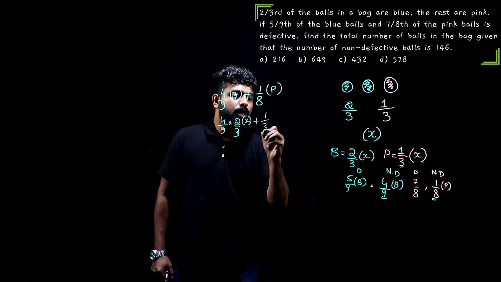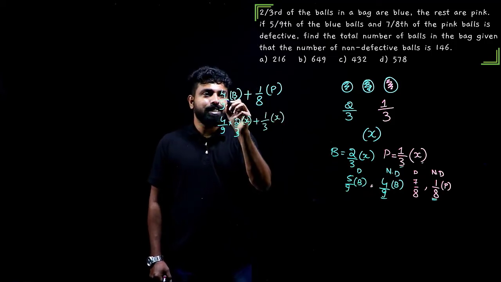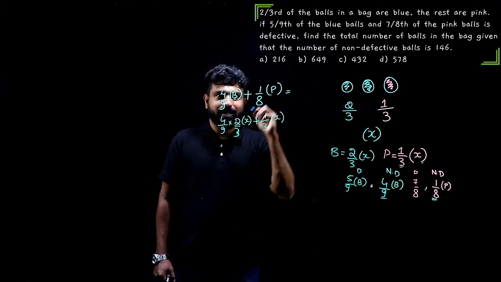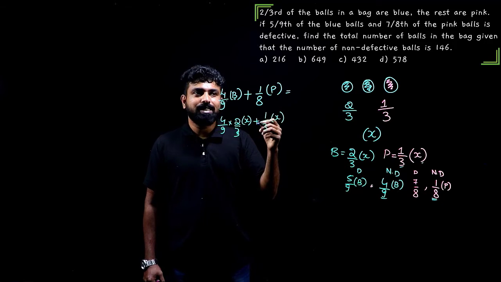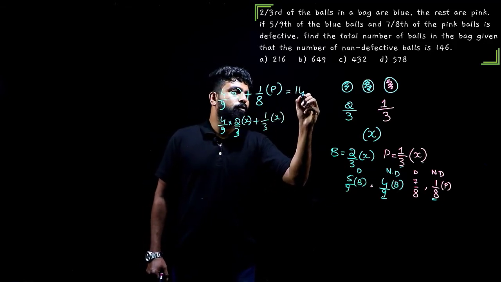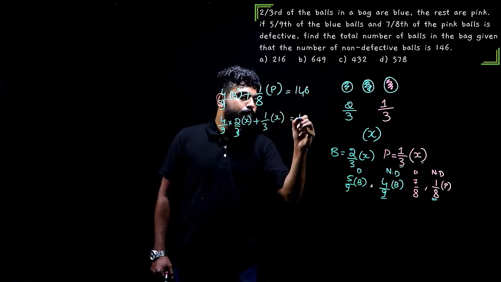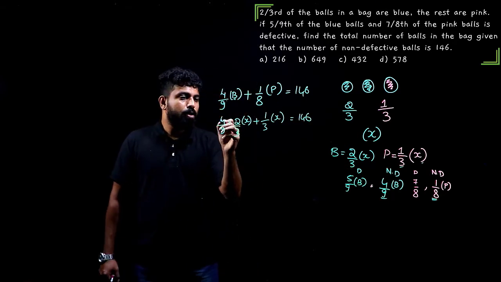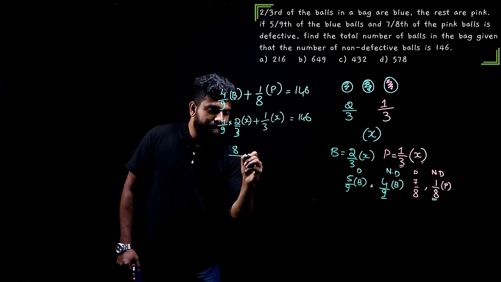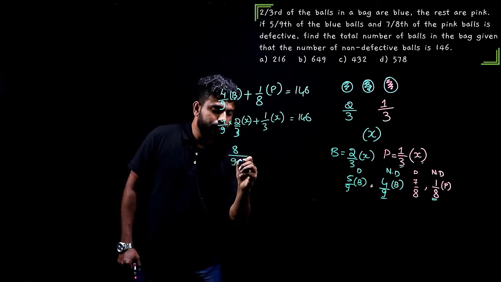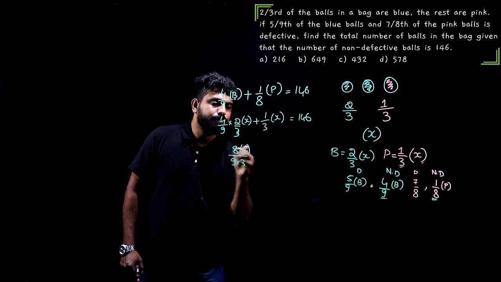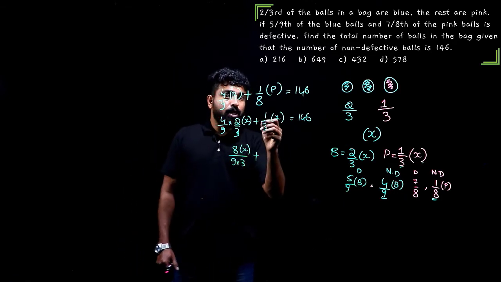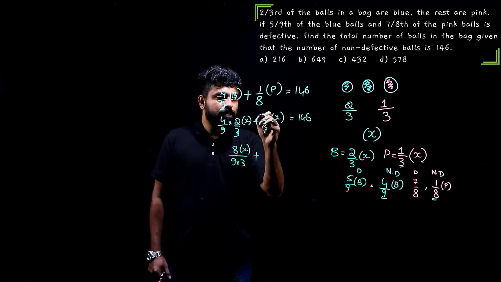So what is this? 4/9 of blue balls plus 1/8 of pink balls are the non-defective balls. In the question they have given that non-defective balls are equal to 146. Hence this will be equal to 146. Now if we simplify this, we get 4 into 2 is 8, 8 divided by 9 into 3 of x, plus 1/8 of 1/3 of x.